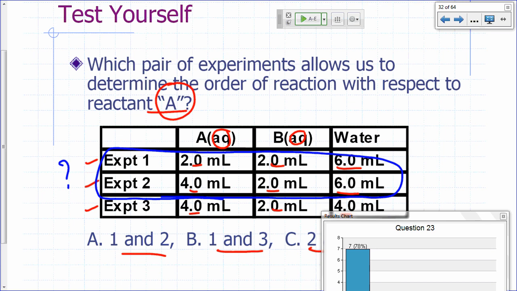Okay, if you want to see the effect of A, you have to maintain the concentration of everything else, right? You change the concentration of A. Sure, you've changed the concentration of A by changing the volume of A. But are you maintaining the concentration of B? You're using the same amount, but is the concentration of B the same?